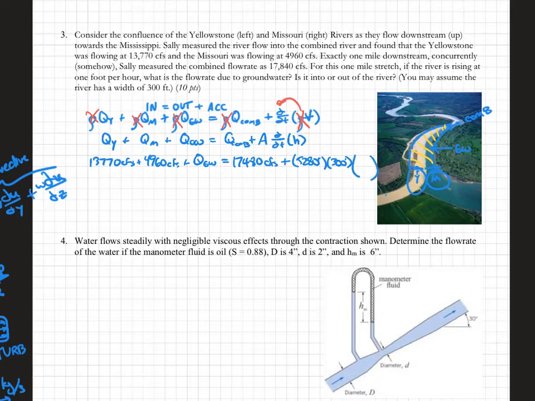So dh/dt in this case, it says it's rising at 1 foot per hour. So it's positive 1 foot per hour, over 3,600 seconds. Okay, so if we rearrange this and solve for it, we get Q groundwater equals negative 450 CFS. Okay, or we could say that Q groundwater equals 450 CFS out. Okay, so that's how we solve it.